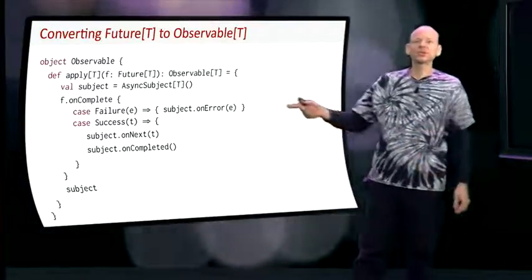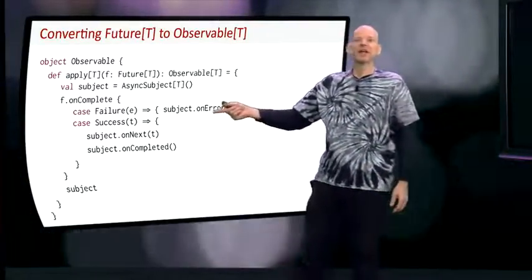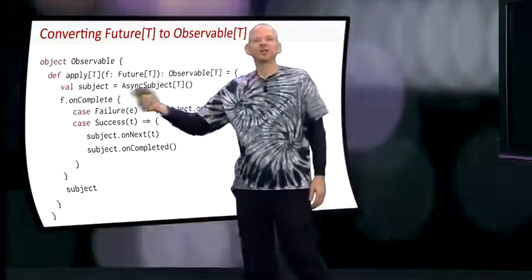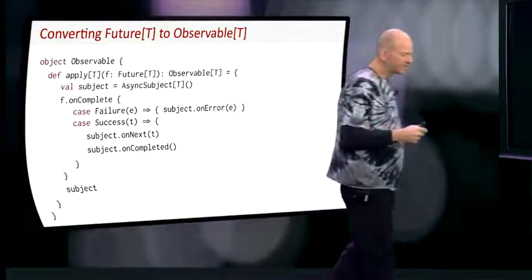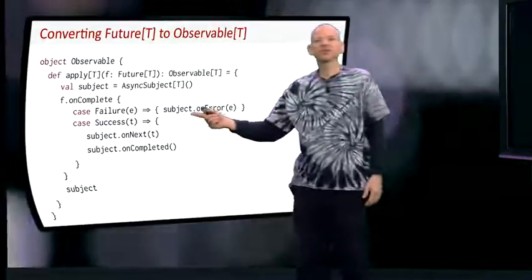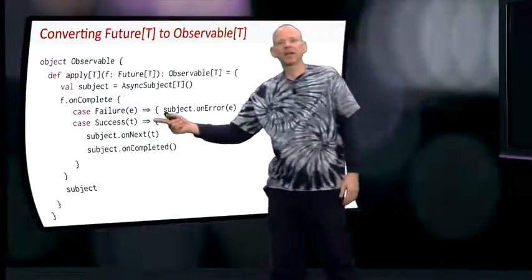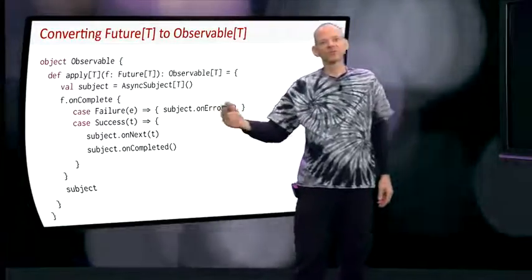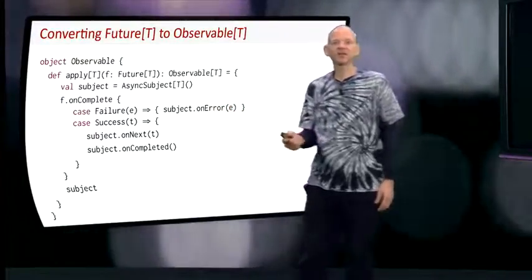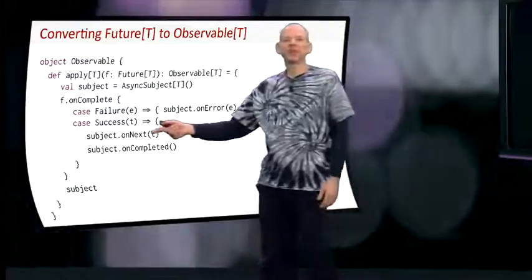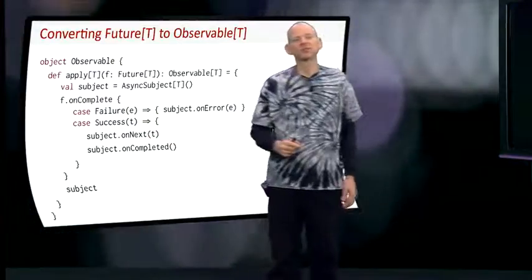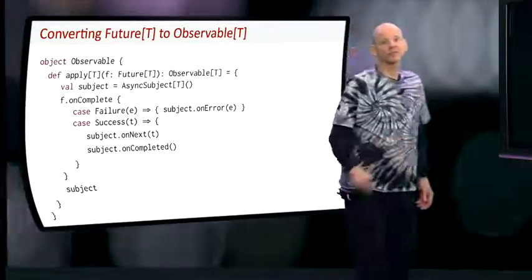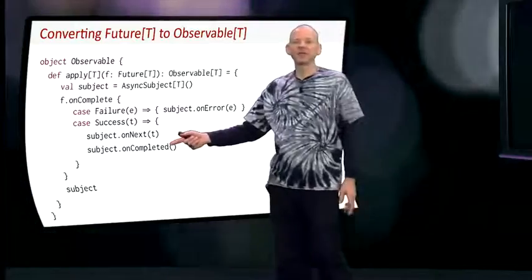What we're going to do is create an async subject, and then when the future is complete, we look at the two cases. If the future completes with an error, we complete the async subject with an error. If the future completes with success, we call onNext on the subject, and then immediately complete it.